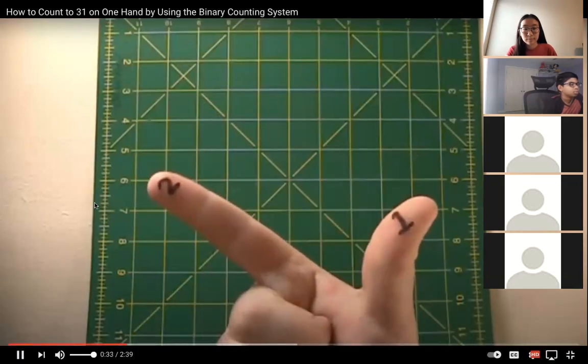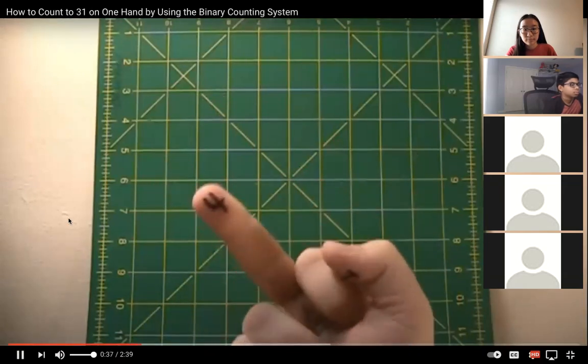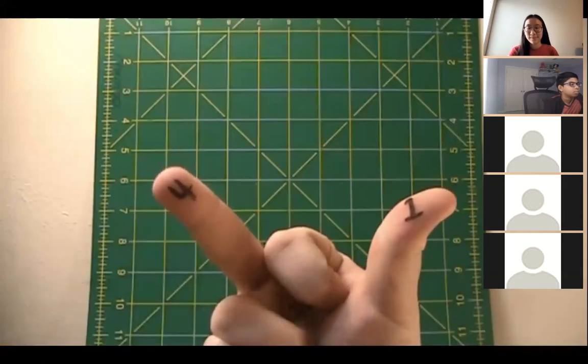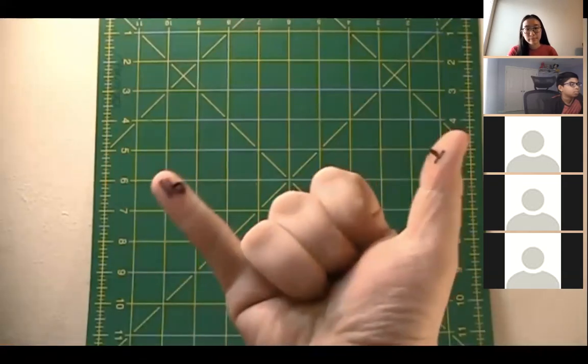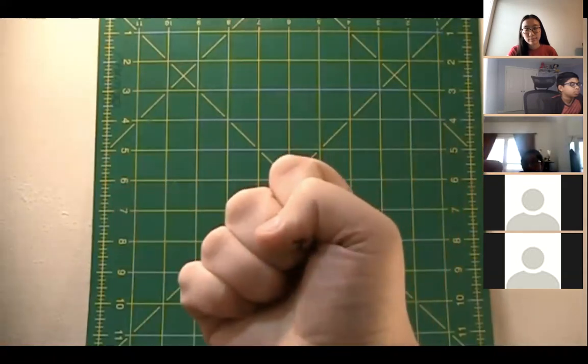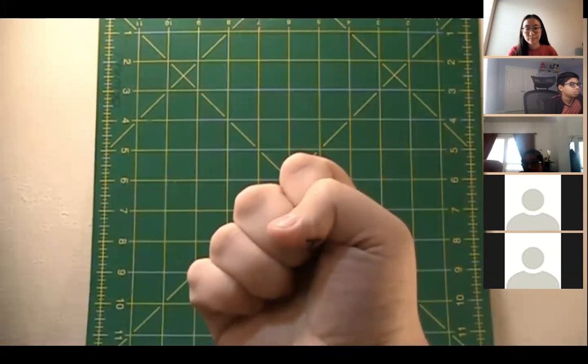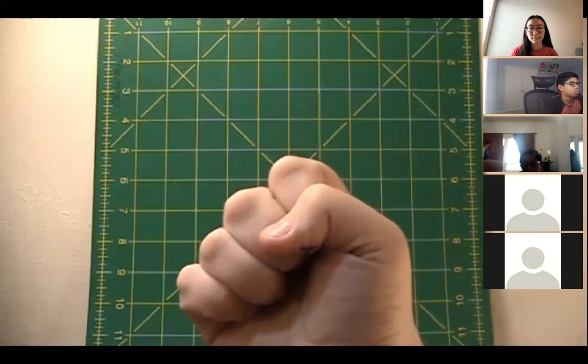So for example, this is 3. 1, 2, 3. Or this is 4, 5. Yeah, 4 and 5 are kind of naughty. So let's go for 17. That's 16 and 1. And that's the way the system works. That's the way you read it. So let's count up from 0 to 31.